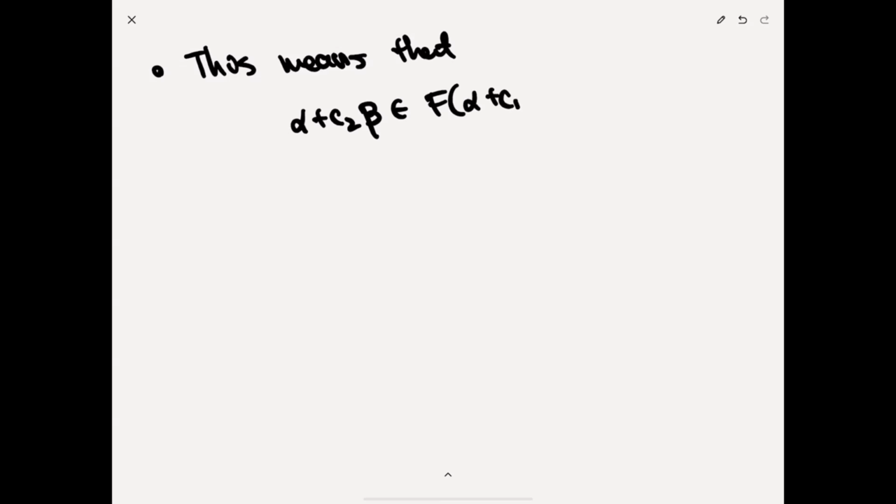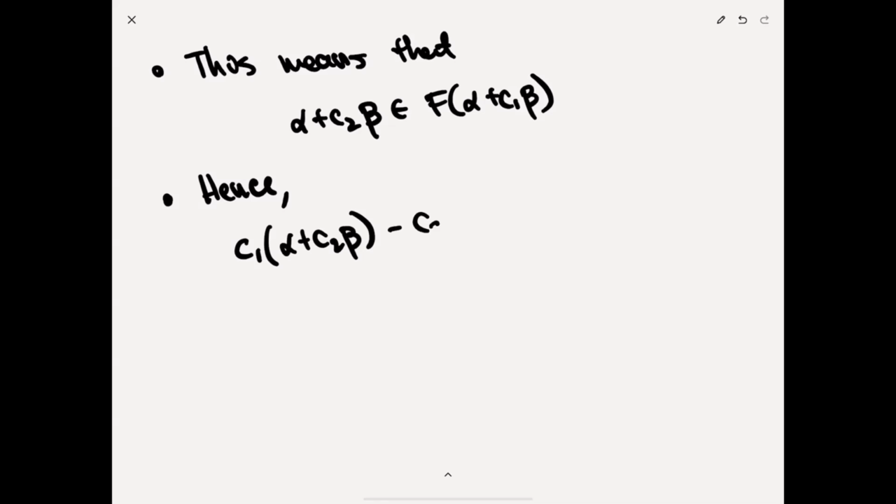So this means in turn that alpha plus C2 beta must be an element of this field. Hence, we could do some equations, right? C1 is an element of F, so I can take that times this element, the one that I just did above, and I can do this thing, alpha plus C1 beta.